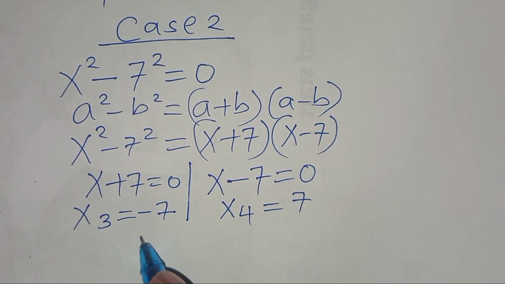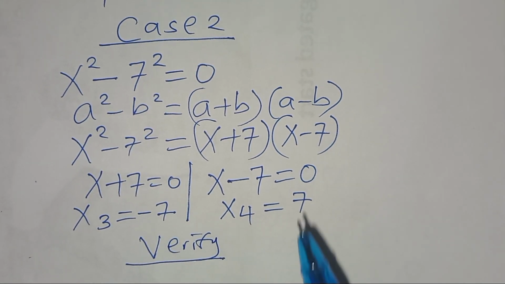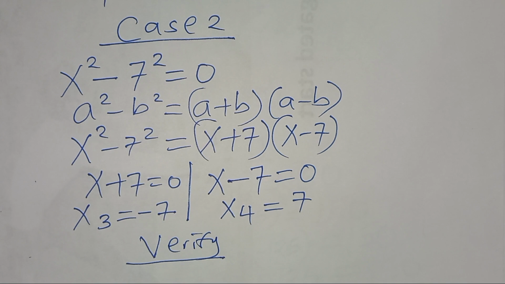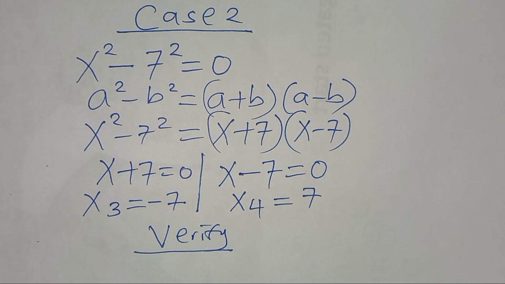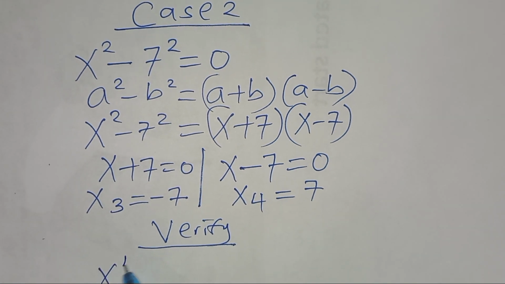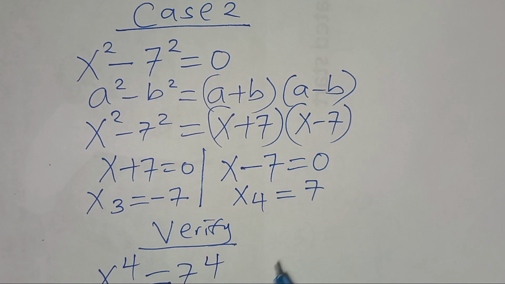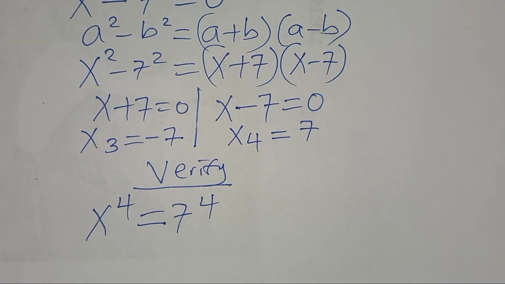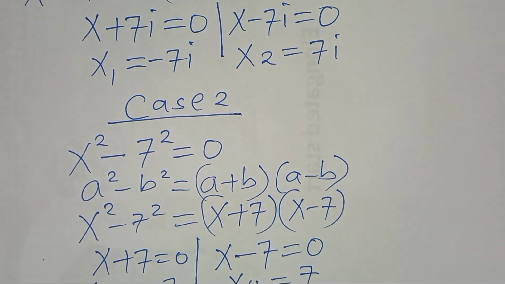So let's verify here that the four solutions satisfy the equation. If you recall, x to power 4 is supposed to be equal to 7 to power 4. So let's start with x1. x1 here is negative 7i.